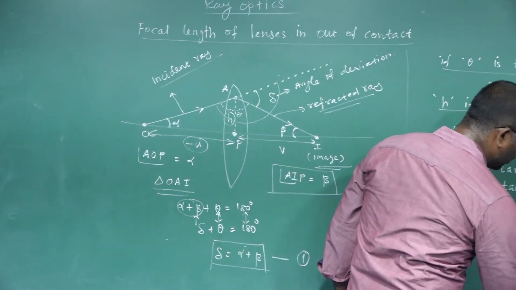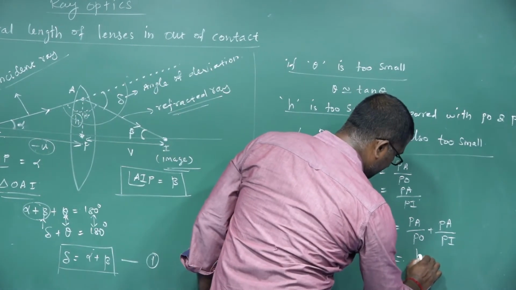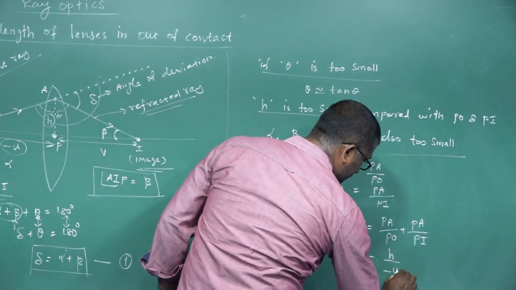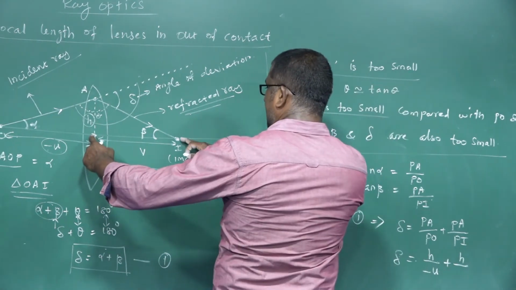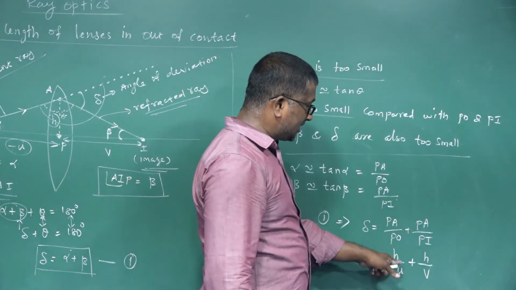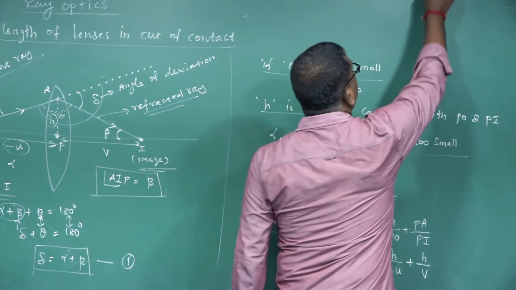Then del is equal to PA, which is H, divided by PO, which is minus U, plus PA, which is H, divided by PI, which is V. So del is equal to H divided by minus U plus H divided by V, right?